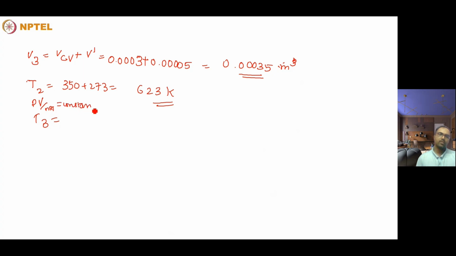So PV by T of the second point is equal to PV by T of the third point.